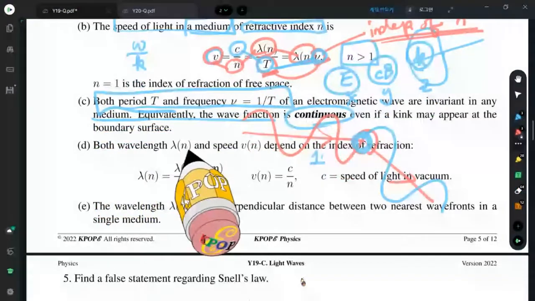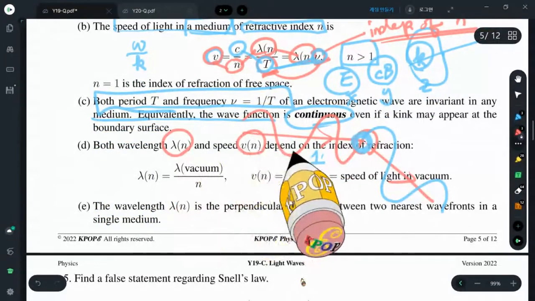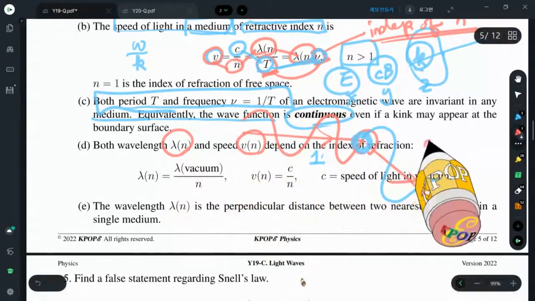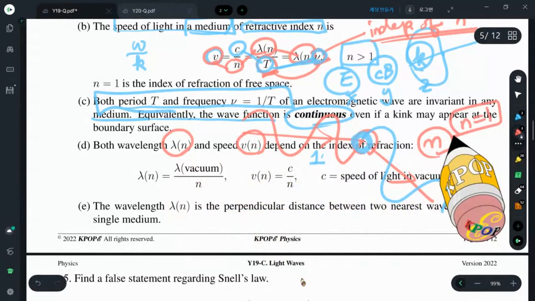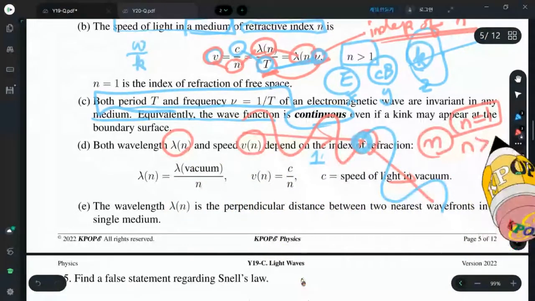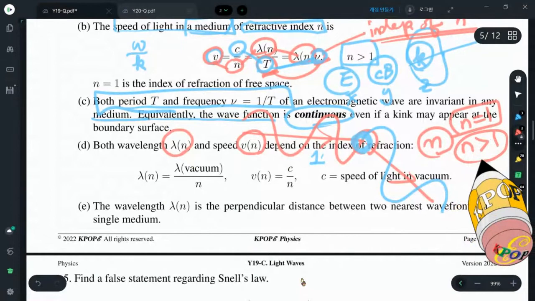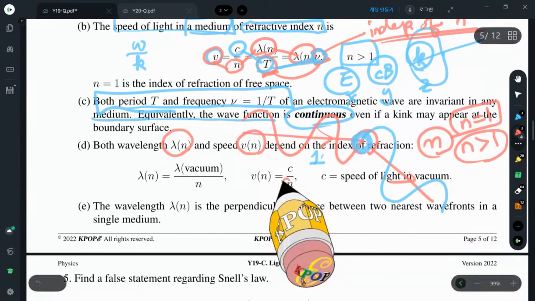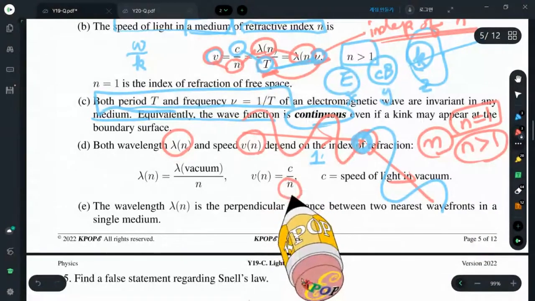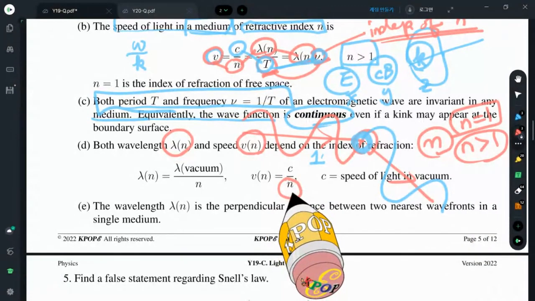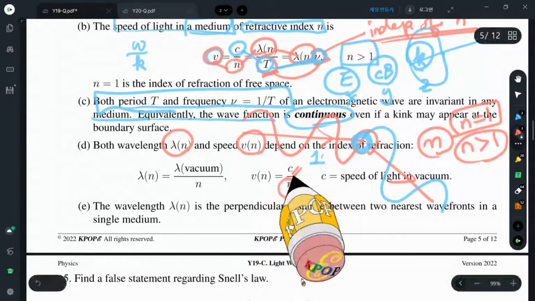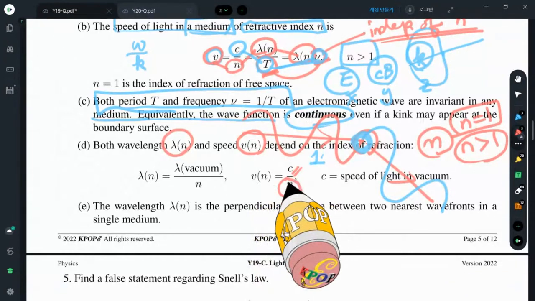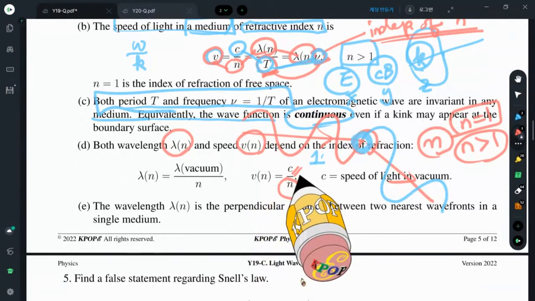Okay, both wavelength and speed depend on the index of refraction n, and n equals 1 for vacuum. n is always greater than 1 for any other material. Because of that, it appears in the denominator greater than 1. The speed of light in a medium is always slower than the speed of light in vacuum.